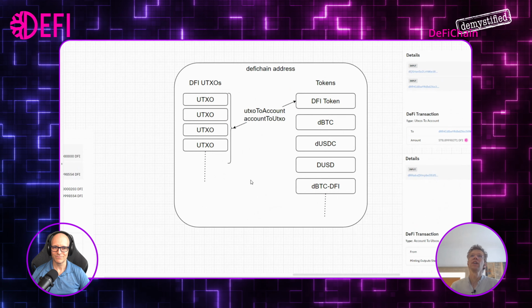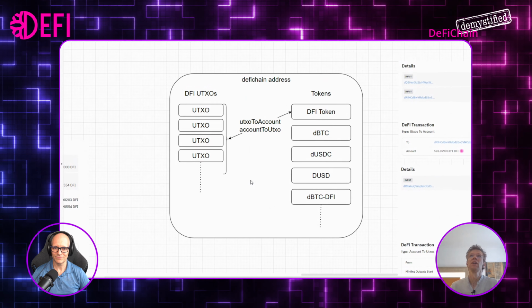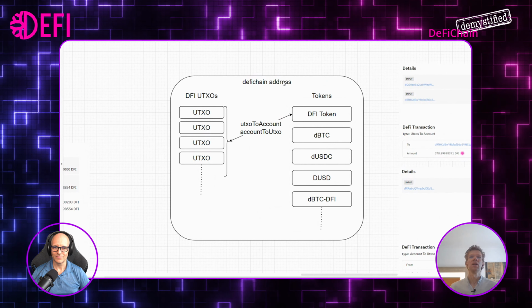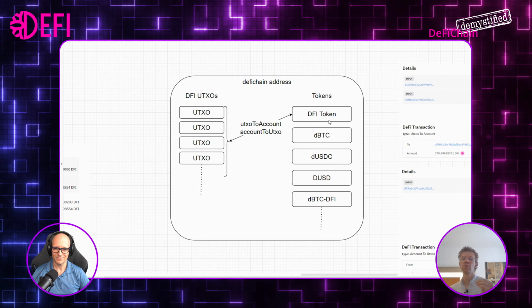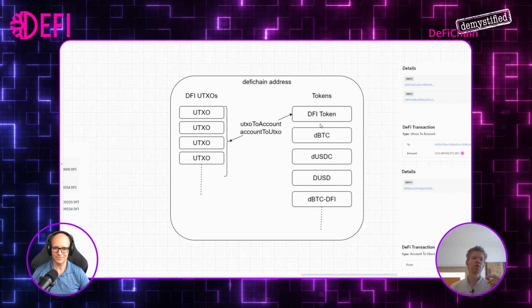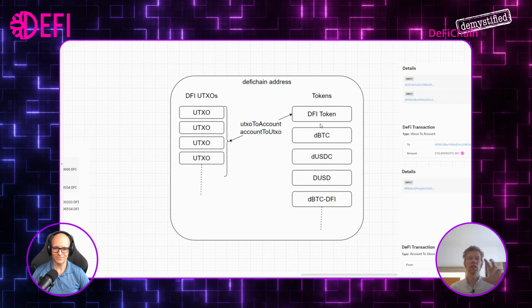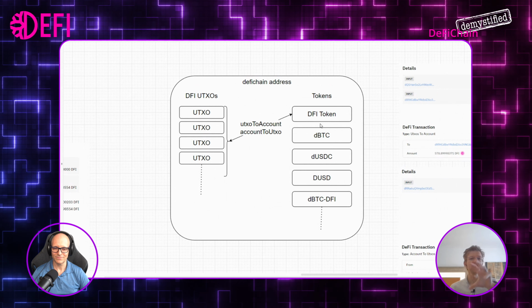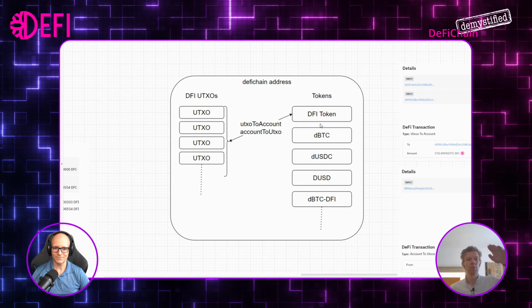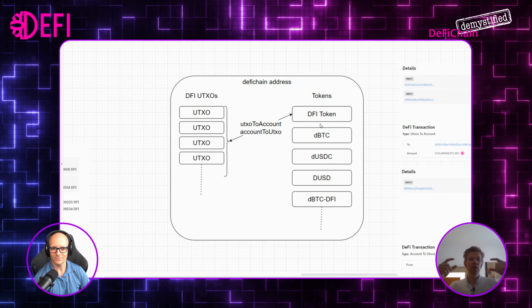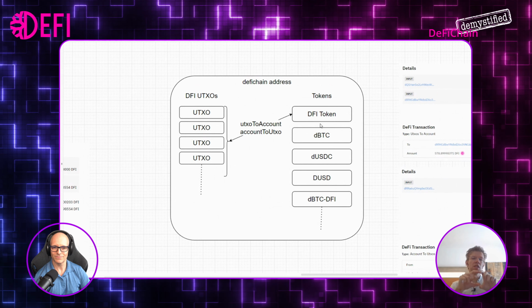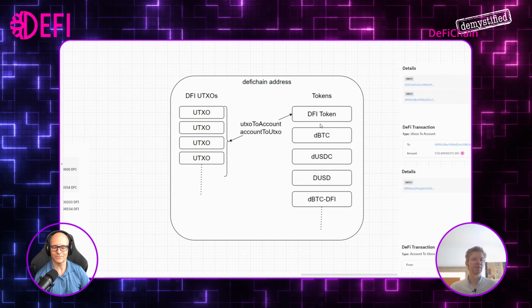That's why DeFiChain has on top of that basically its token system. If you look at any DeFiChain address, you also see that in the DeFi scan: on top your amount of UTXO DFI, and below that your token balances.